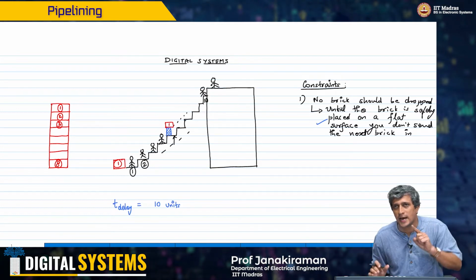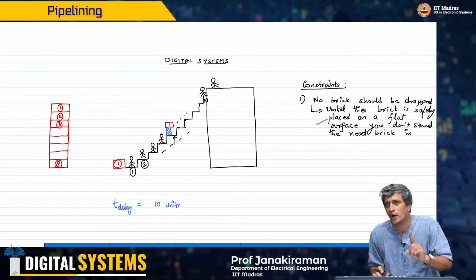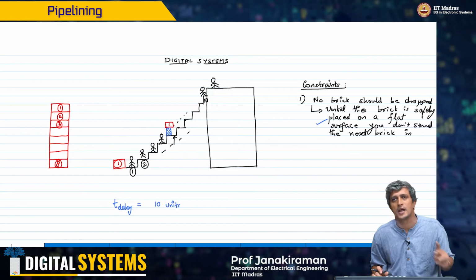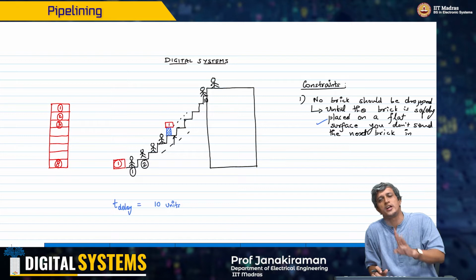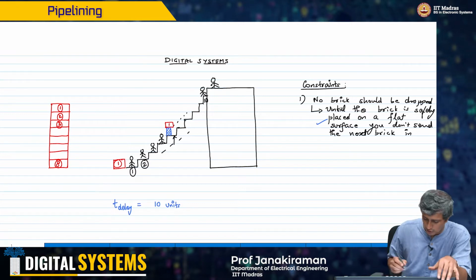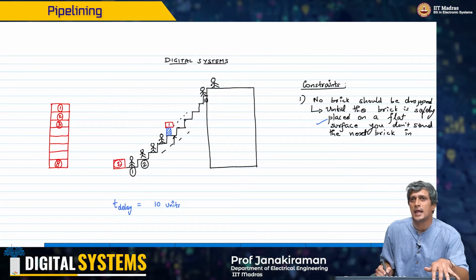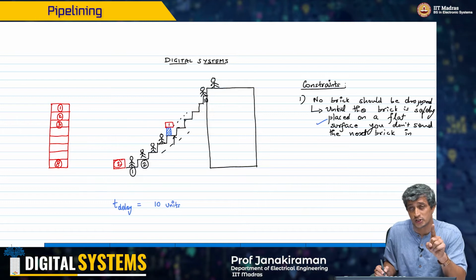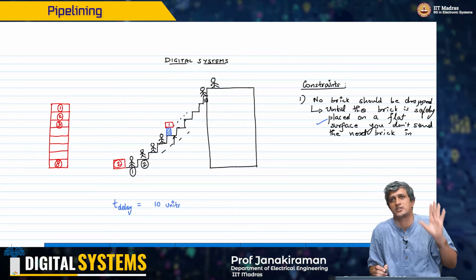However, the constraint here is, this pedestal can hold only one brick. You cannot keep accumulating bricks there. Only one brick. By the time the next brick comes, the older brick should have gone. So now what you do is, in this situation, the second brick can be sent into the system as soon as the first brick has been placed on that pedestal.